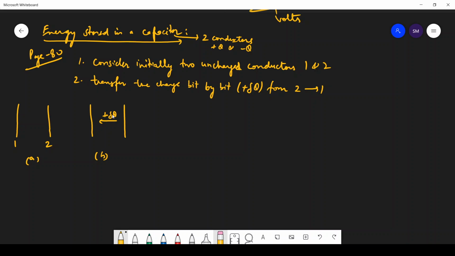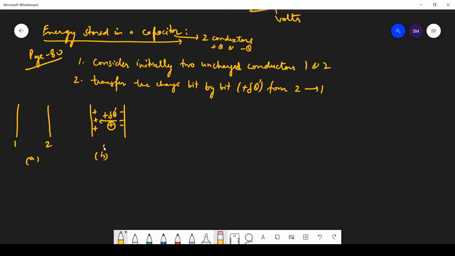Let it be Q dash, because here the charges we will be taking Q, so that we don't get confused. When this plus charge is taken to that side, this plate will be less positive, so negative charge will appear here, and that one will be more positive. Take one more, and it will be less negative and more positive.